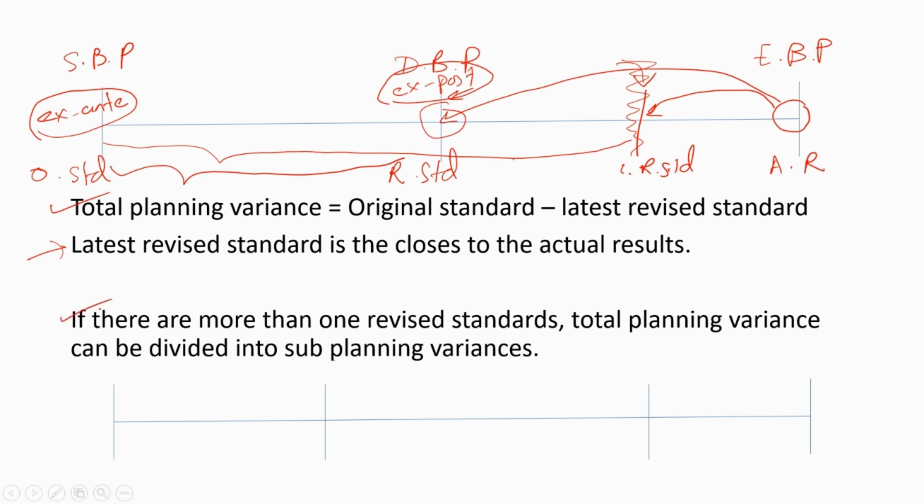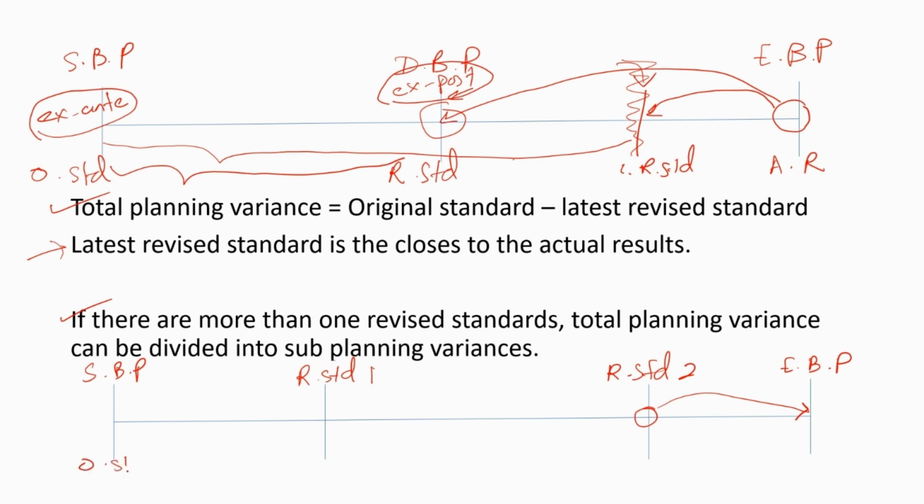If there is more than one revised standard, total planning variance can be divided into sub-planning variances. So here this is the start of the budgetary period, this is the end of the budgetary period, and this is revised standard 1. Then they have revised the standards again. This will be the second revised standard, which also becomes the latest revised standard, because this is the closest to the actual results.